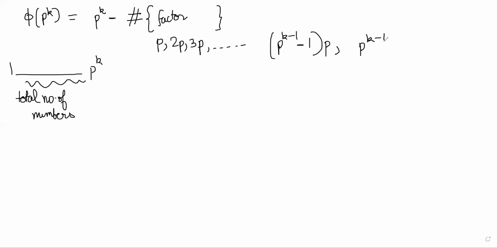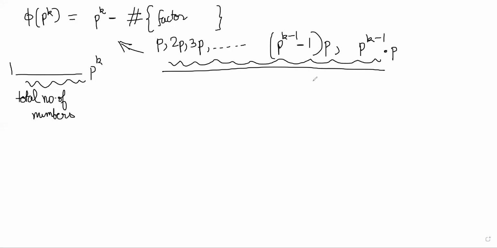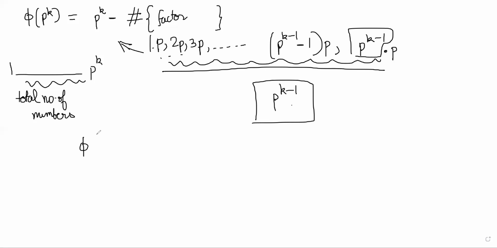These are the multiples of p which we want to remove, right? The count of these is p power k minus 1. So phi of p power k is coming out to be p power k minus p power k minus 1.